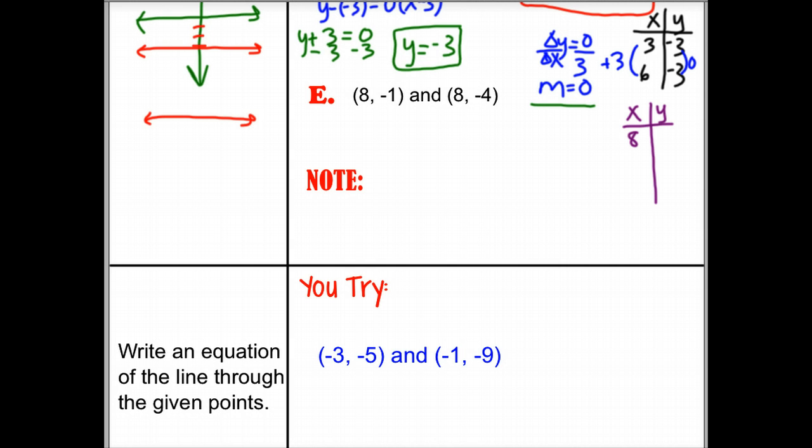X is 8, -1, and 8, -4. So from -1 to -4, we're adding -3. And then from 8 to 8 is 0. So our change in y over our change in x is going to be -3 over 0. And we can't divide by 0, so our slope is going to be undefined.